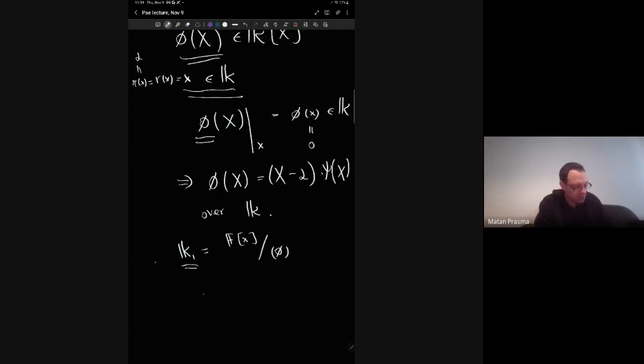So in fact, what we showed is that K1 will be simply F adjoining some abstract element alpha that is defined by the property that it is a root of phi. And this F(alpha) is the minimal field containing F and some kind of abstract element that functions as a root of phi.